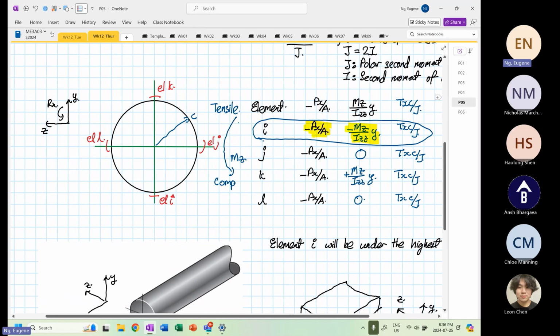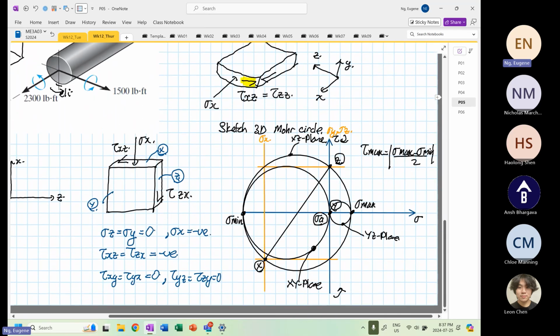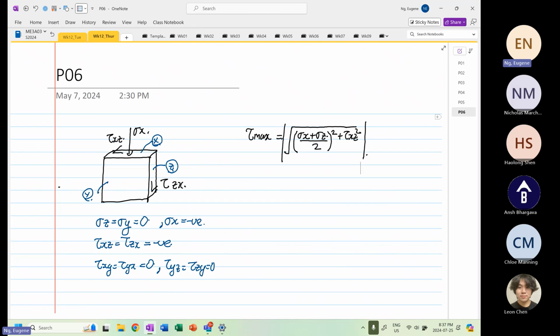Then you go into the 3D Mohr's circle. By using the Tresca or maximum shear stress criterion, you have a min value, you have a max value, and then finally you come up with tau max.